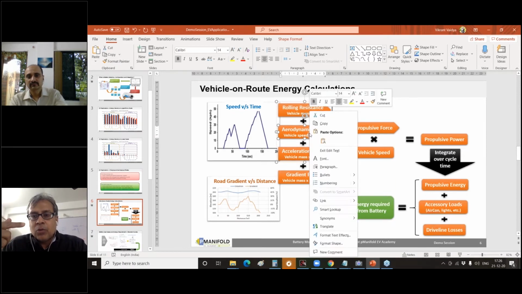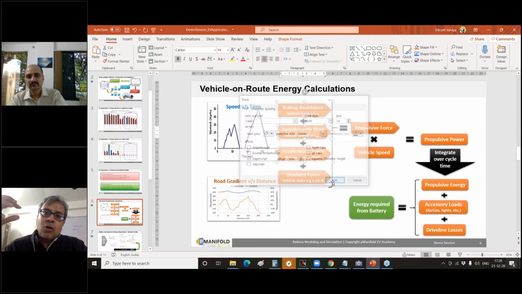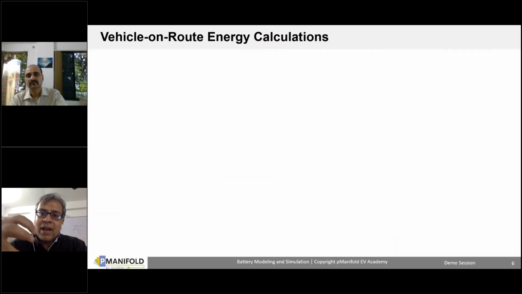It will help you to really understand that these are the different use cases. This is how the air conditioning, when it interacts with the battery, puts a load on it. However realistic we model the air conditioning load coming onto the battery, you will be able to see how it impacts the battery.